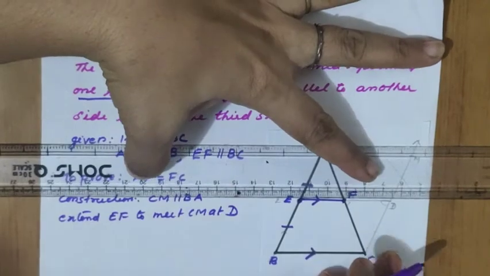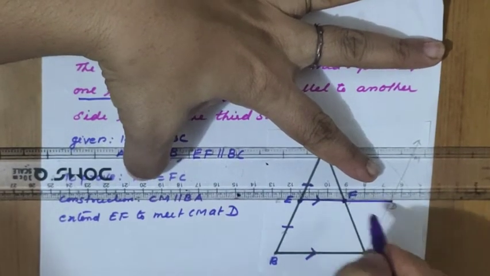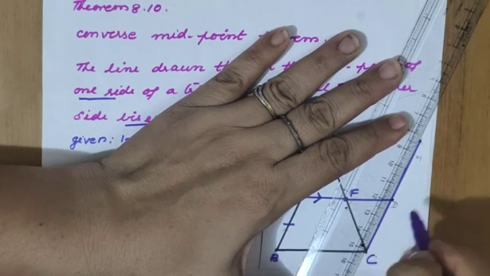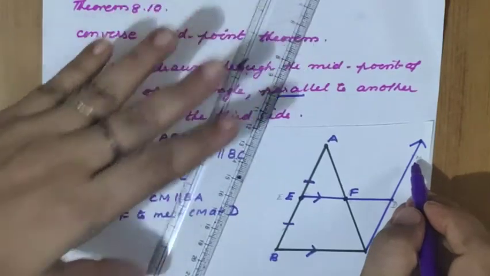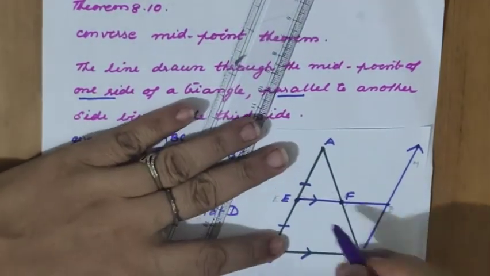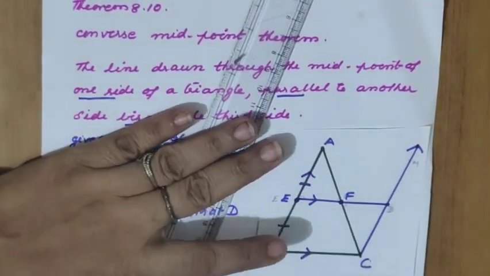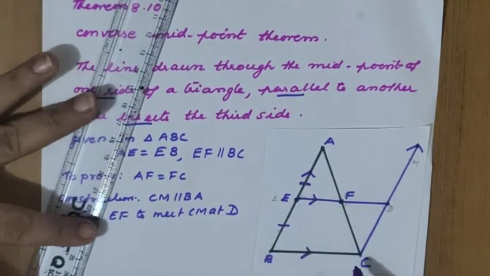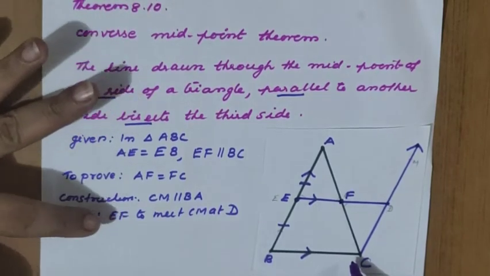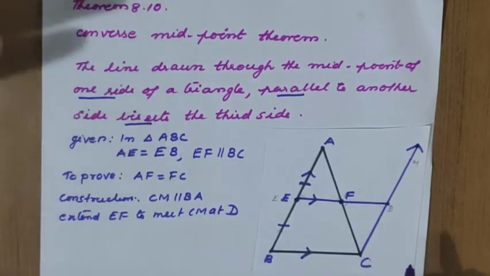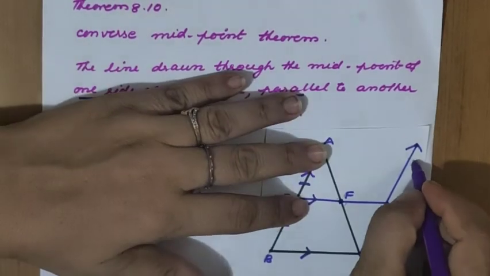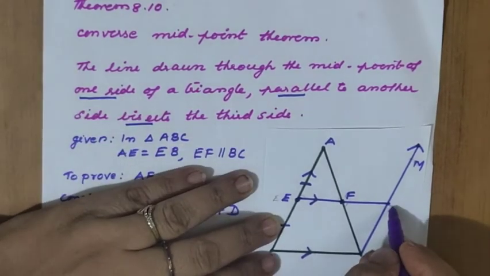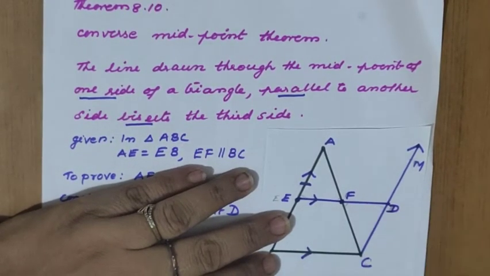EF also we are extending here up to D. Again, what is this parallel property? This CM parallel to BA. So I'll mark here also parallel, and here also parallel, right? So we got CM parallel to BA by construction. So these two are the construction steps, the same as last time: CM parallel to BA, and extend EF to meet CM at D.